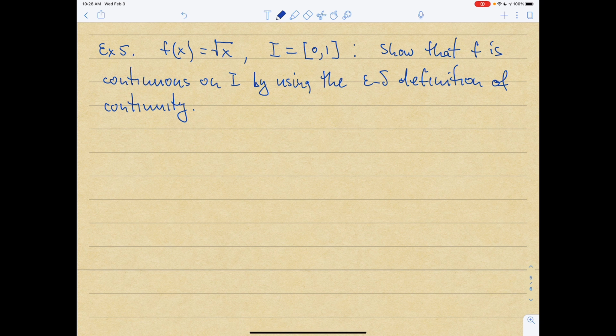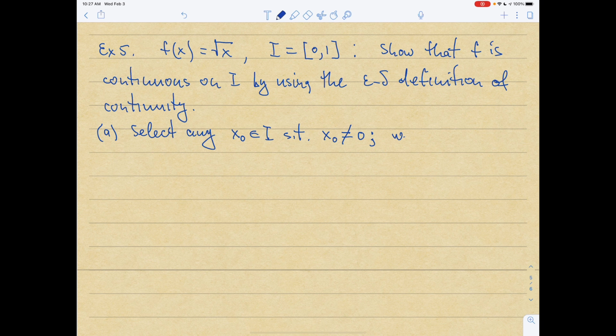All right, so let's do the following here. So select any x0 that belongs to the interval I, such that x0 is not equal to 0, right?